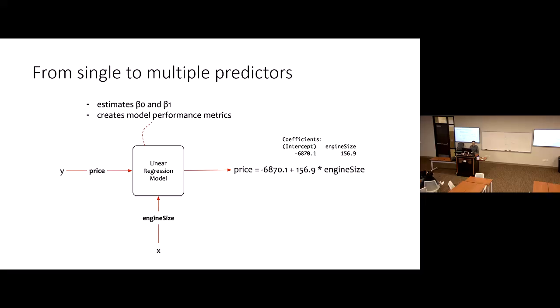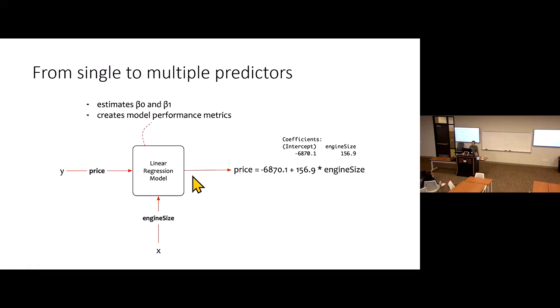An example is like this. If you have a system to predict the price of a car, and you only use the engine size x as your predictor, then this is a simple linear regression model.